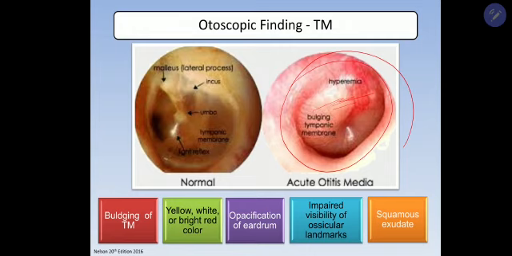That we call the suppurative stage. So it depends on which stage the patient has presented to you. Maybe he comes early, then there will be just a congestion or retraction, then a little later there will be redness, and even later there will be a nipple-like stage, which is pre-suppuration, and finally there can be a stage when the discharge is coming out and you can see a perforation.